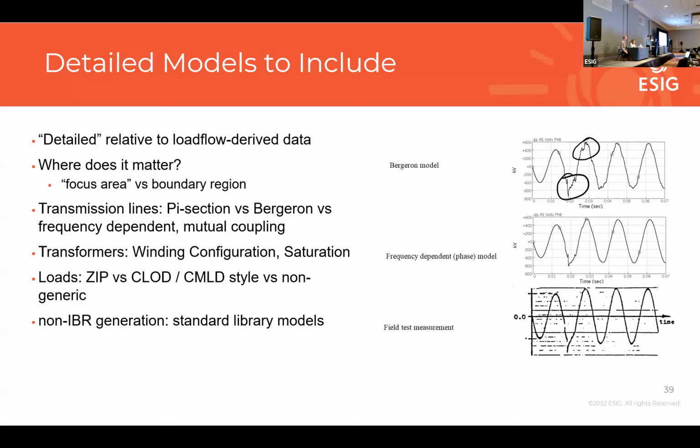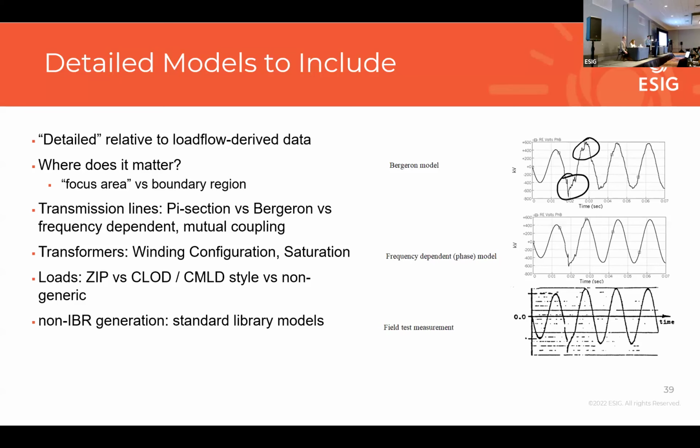In the next one, it's a frequency dependent line model. And in the bottom one, it's the actual field test measurement. And you can see that in the Bergeron line model one, we have some high frequency components that are quite jagged, and we don't see those in the actual field test measurement.